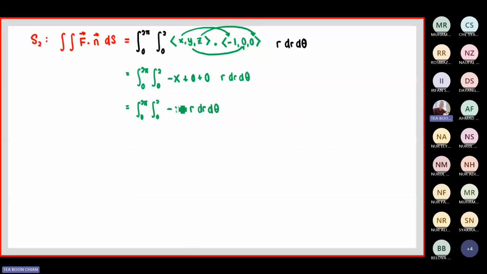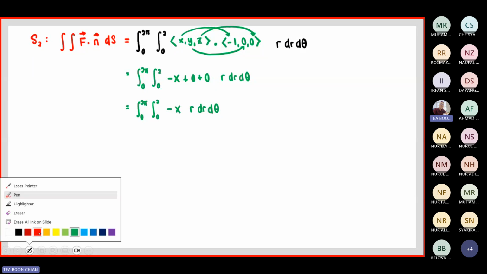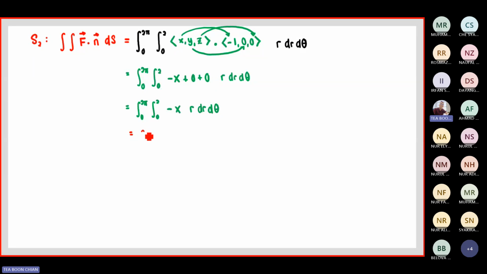Therefore, if you substitute the x here with 0, eventually you notice that the whole computation here is the double integration of 0 dr d theta. And remember, under the finite integral, with 0, the answer will always be 0, which means the flux acting downward has the value of 0.